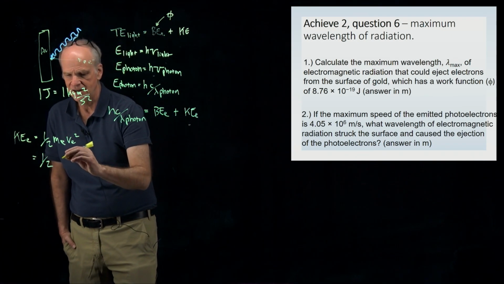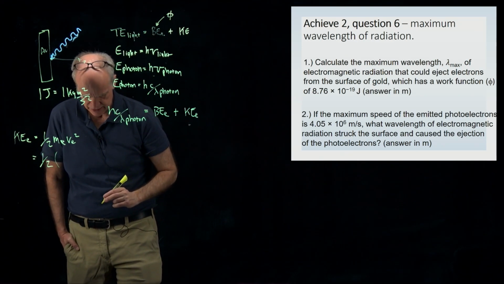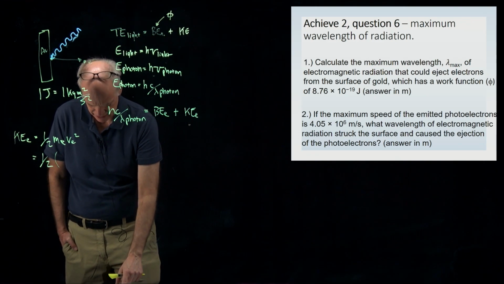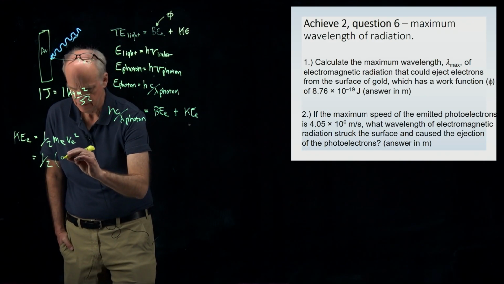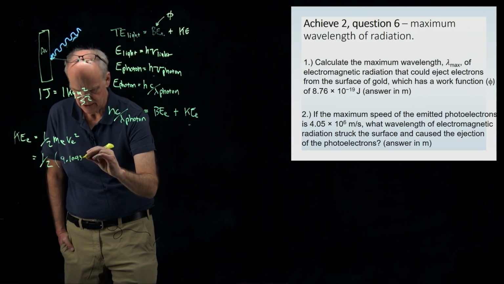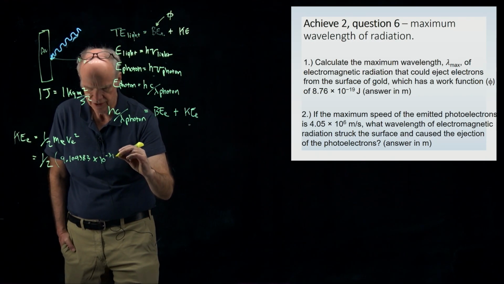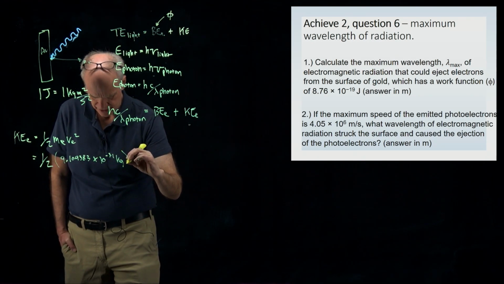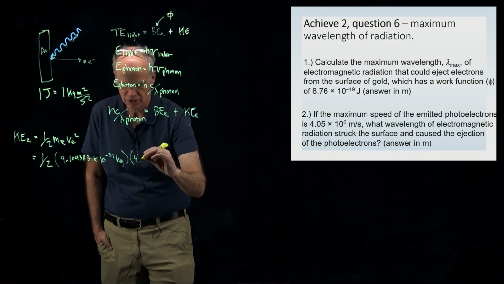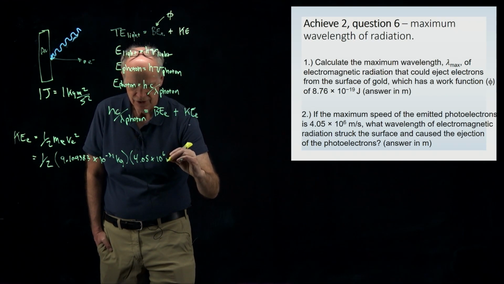So we want the mass of the electron. You'll have to look that up, but I'll show you what number I got here. It's 9.109383 times 10 to the negative 31 kilograms. And then you're given the speed of the electron, which is 4.05 times 10 to the 6 meters per second.